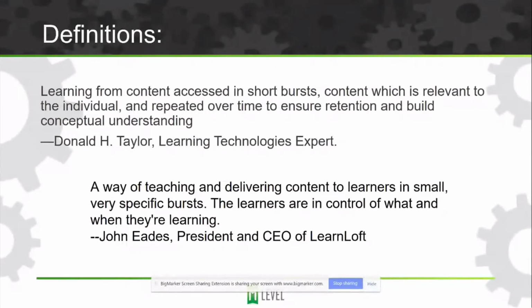I get a little bit of information today, and maybe 2 days later I get a little information. There's a little bit of overlap in that information because that helps me retain and recall the information a little bit more effectively. John Eads, president of LearnLoft, says that really it's teaching and delivering content to learners in small, specific bursts. And typically, I think that micro-learning is one objective per learning event.